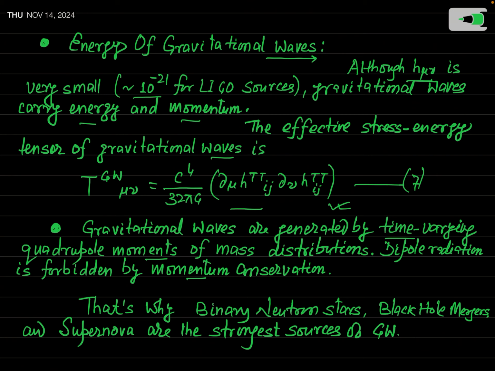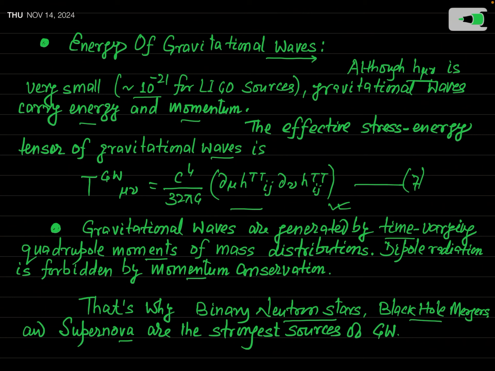And this is the reason that only sources like binary neutron stars, black hole mergers, and supernovae are the strongest sources of gravitational waves. A mere point mass is not a source of gravitational waves.